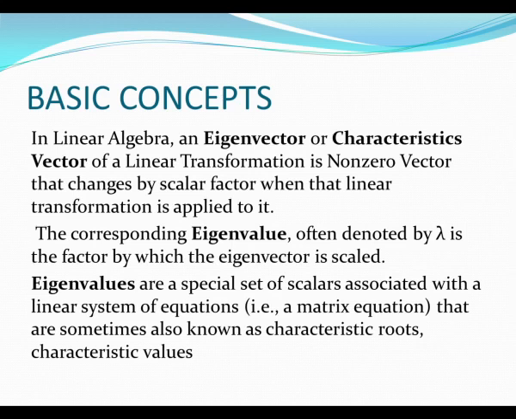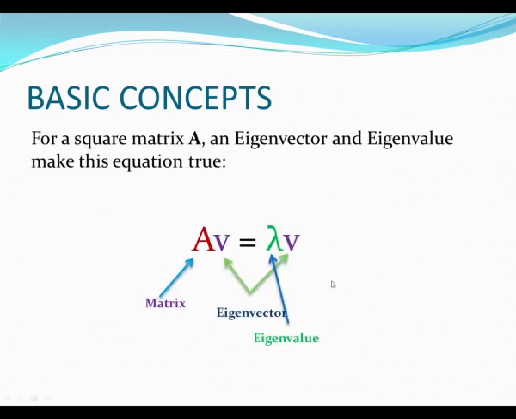And these eigenvalues are a special set of scalars that are associated with a linear system of equations. These eigenvalues are also known as the characteristic roots or characteristic values. For the main concept of eigenvalues and eigenvectors, the statement is that the product of any matrix A with the eigenvector is equal to the product of the eigenvalue and the eigenvector.